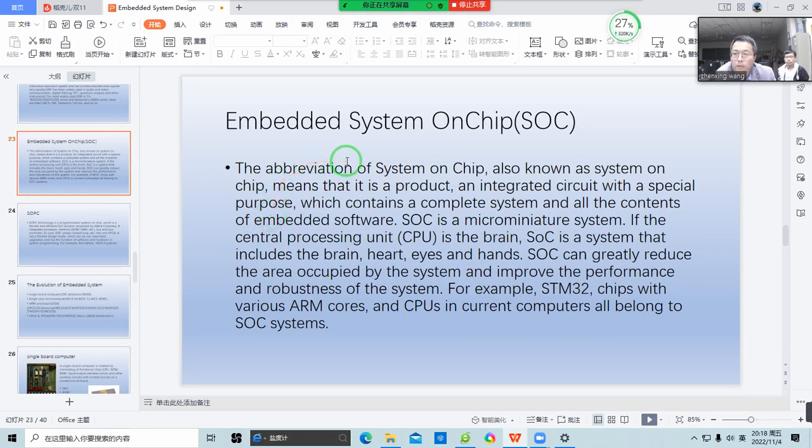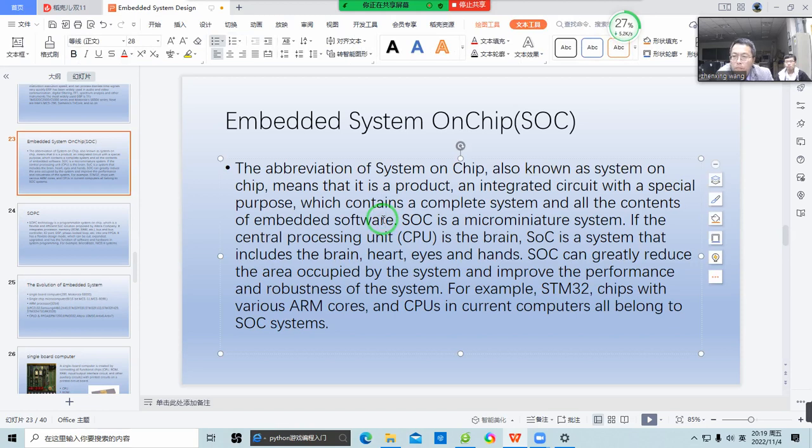Then the embedded SoC. What is SoC? It's a system on chip. This means a product, an integrated circuit with special purpose. It's complete, containing a complete system and all the contents of the embedded software. You can think of an example: if the central processing unit is the brain, SoC is a system that includes the brain, heart, eyes, hands.